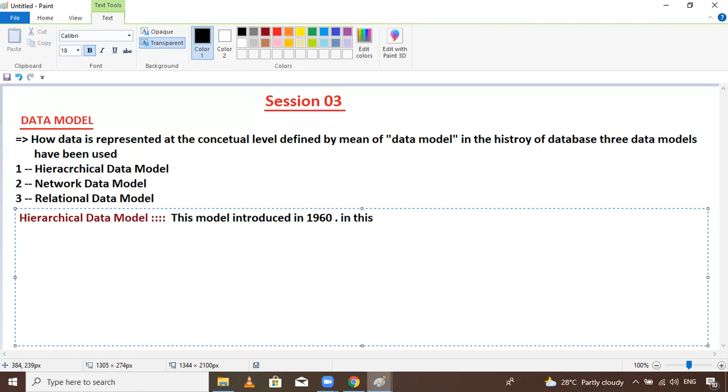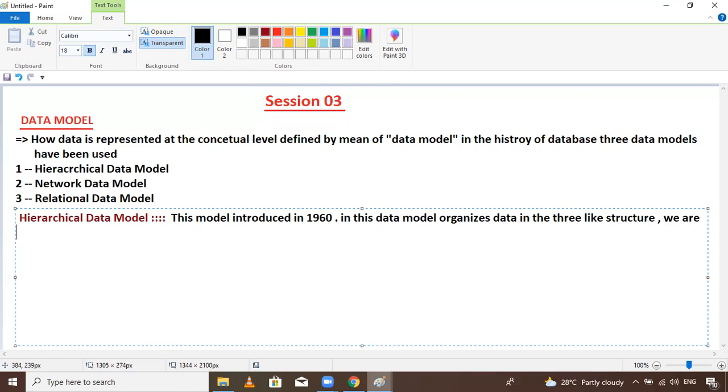In this data model, we organize the data in the tree form, in a tree like structure.